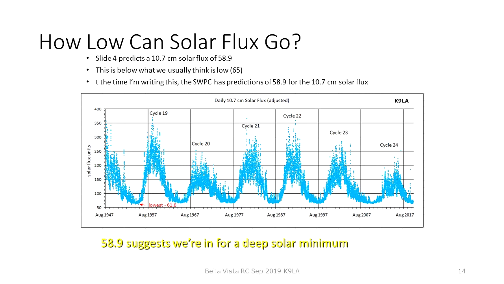Now, notice that the daily 10.7 centimeter solar flux has "adjusted" in parentheses in the title. You've got to remember that Earth's orbit around the sun is not a perfect circle. It's closer to the sun sometimes and farther away.